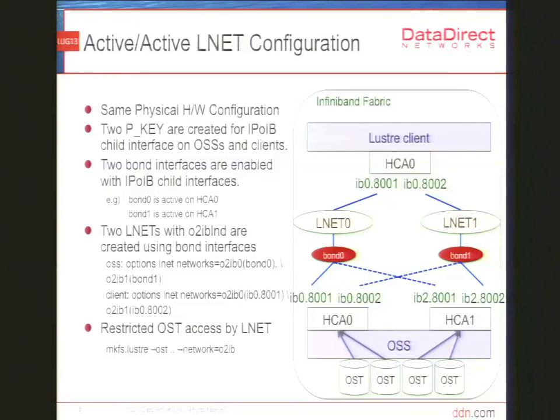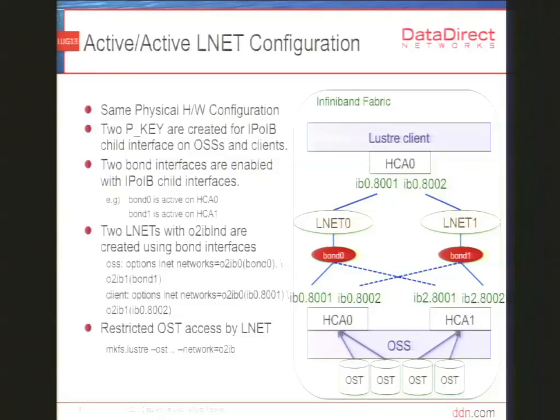Then finally, we create the LNET with the Lustre InfiniBand network driver, using the bond interface for IP over IB. The client side also has to create the child interface on the one HCA to access the Lustre network.